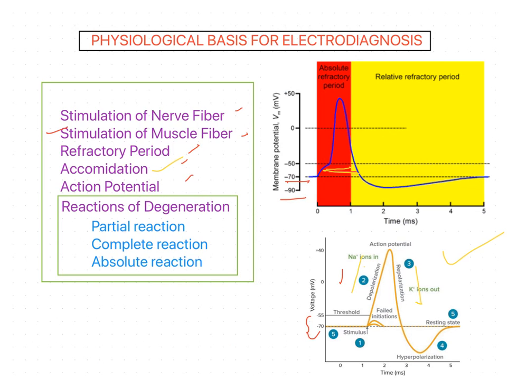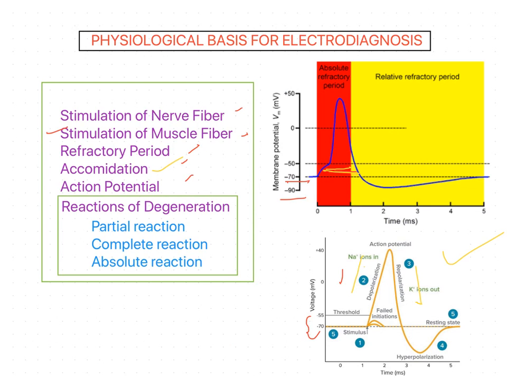It is the means of propagation of an impulse along the course of a nerve. It is the ability of the nerve and muscle membrane to develop transient changes in potential which can be transmitted from one point to another. So this is about the action potential.